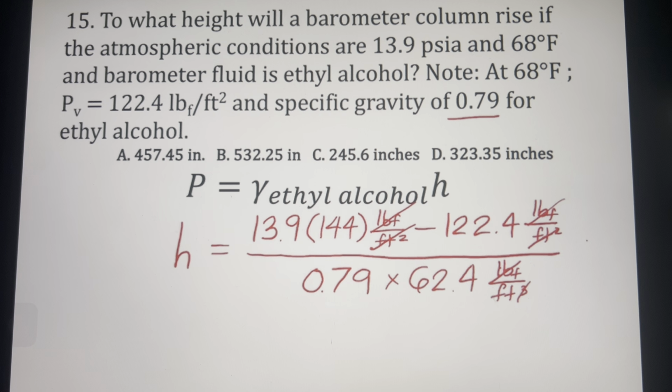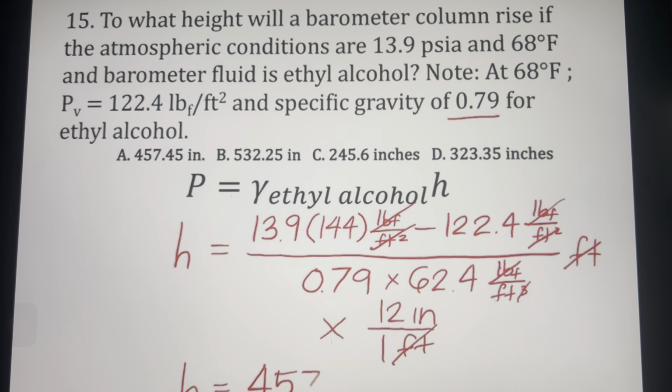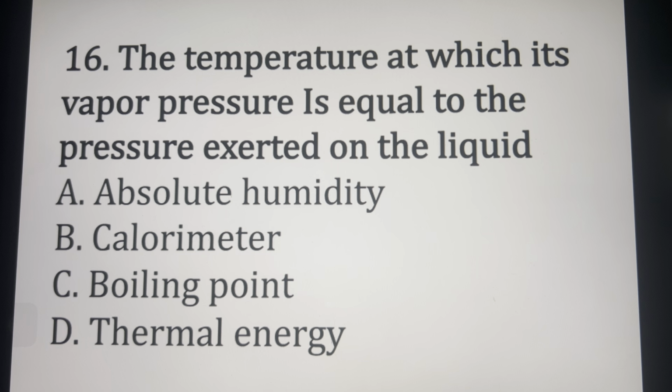So our answer is in feet, but the choices are in inches. So you can convert that using 12 inches. So what's our height? It is equivalent to 457.45 inches. The temperature at which its vapor pressure is equal to the pressure exerted on the liquid. So this is the boiling point.